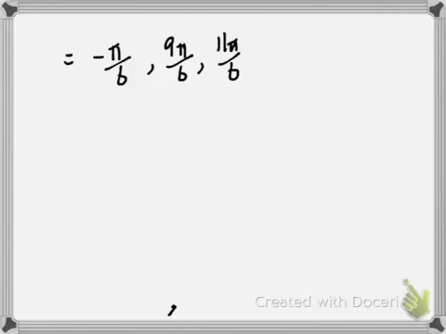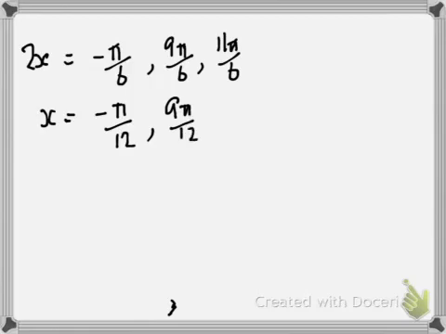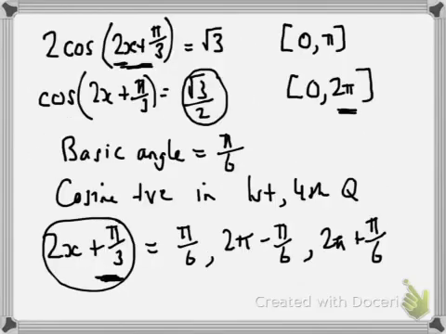Okay, so we've got this far, 2x equals, then we divide through by 2, and we get this. Now, let's remember back to our original domain. I'll go back a couple of slides. Our original domain was 0 to pi.